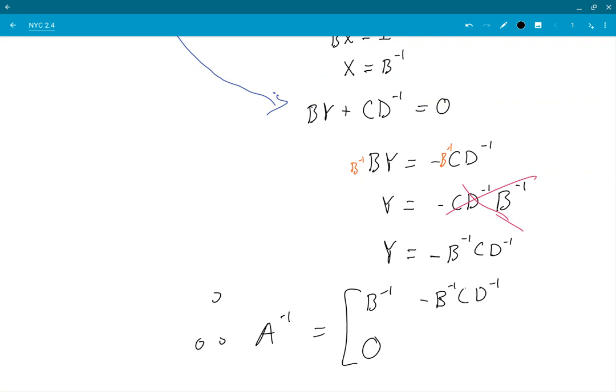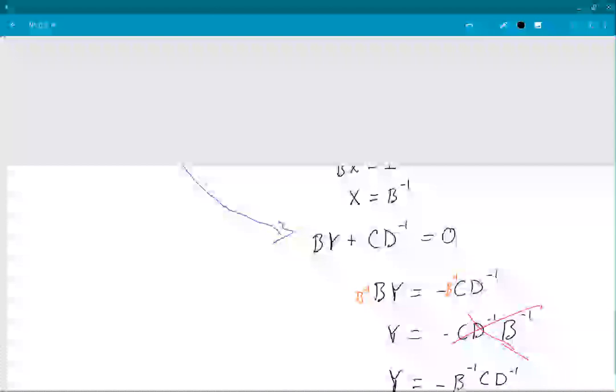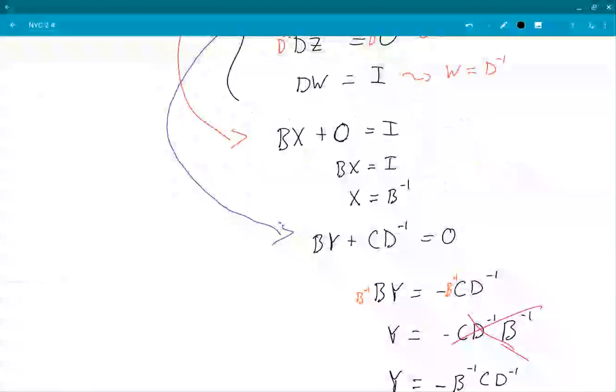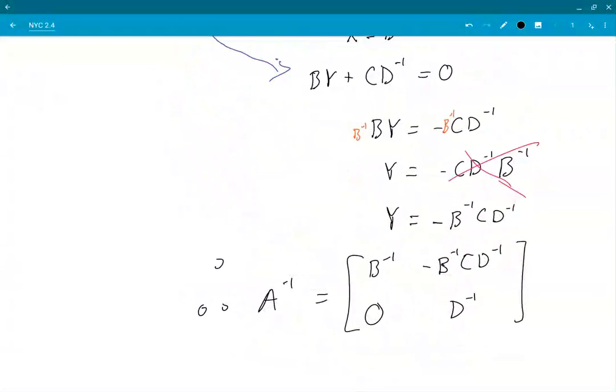And w, what was w? D inverse, if I'm not mistaken. Don't believe I am. Let's just scan up and check. Have a peek. There we go. All right, there you have it. Inverted my matrix.